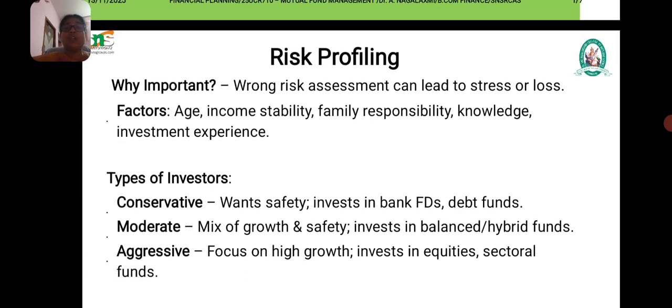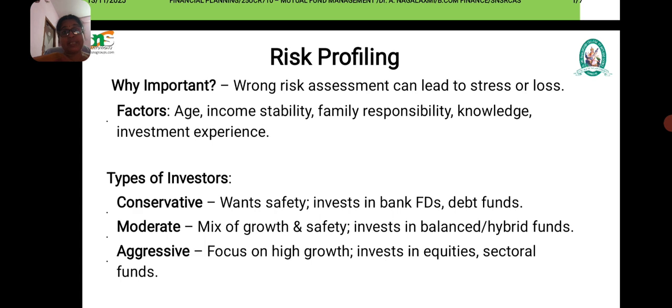First, we should know what is meant by risk profiling and why it is important. Risk profiling determines how much risk an investor can take. That is the very important thing. Wrong risk assessment can lead to stress or loss.